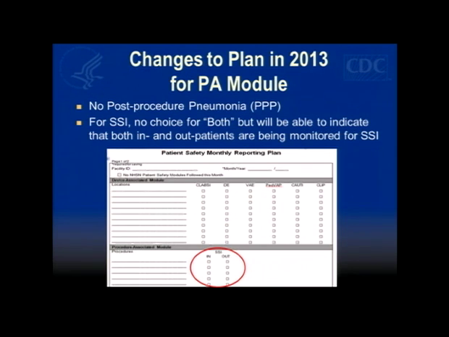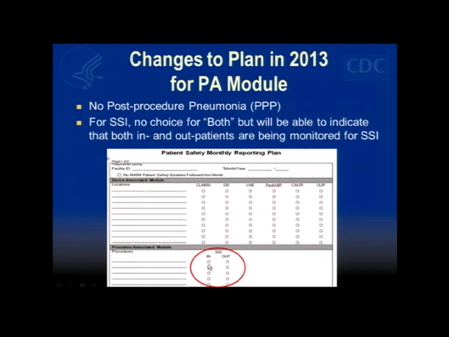So one of the changes that we're making to the plan in 2013 for the procedure-associated module, as I said, is that we're going to be taking away the post-procedure pneumonia. So that part is going to be missing in 2013. And the other thing is that currently, when you indicate that you're going to be monitoring SSIs for a certain procedure, you can circle in, out, or both.